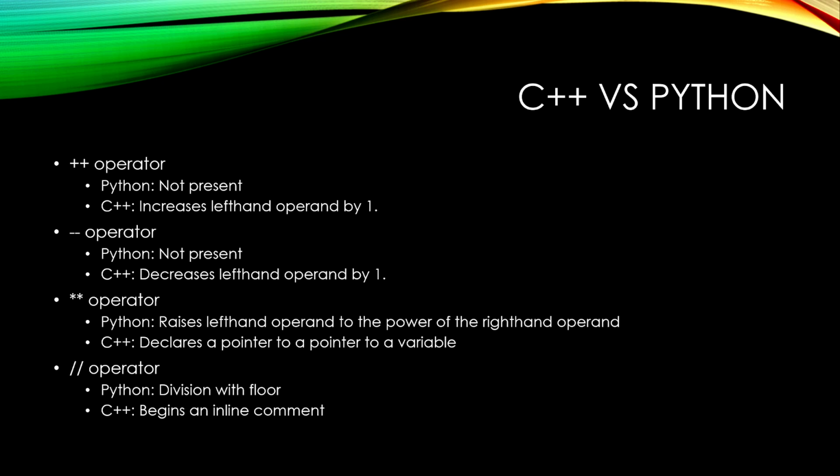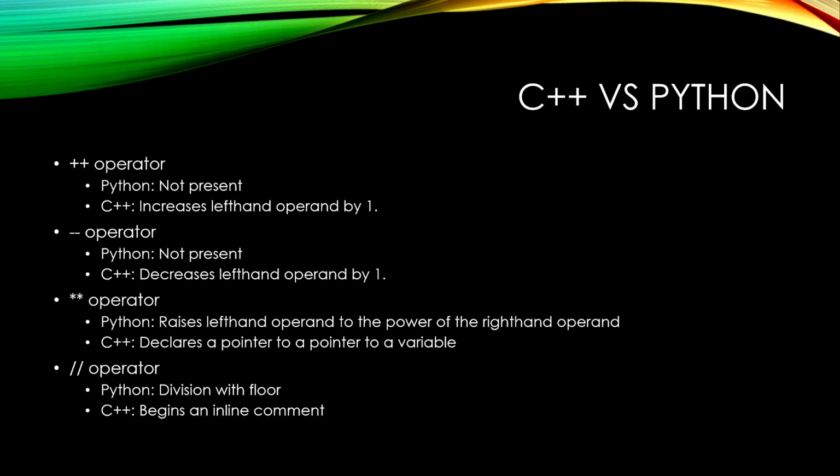If you remember, in Python the plus plus and minus minus operators don't exist. Those don't really do anything. But here in C++, they do, what we talked about in CS230. So plus plus increments by 1. It is called the incrementer. And then minus minus, conversely, is called the decrementer. And it decreases the value of a variable exactly by 1.